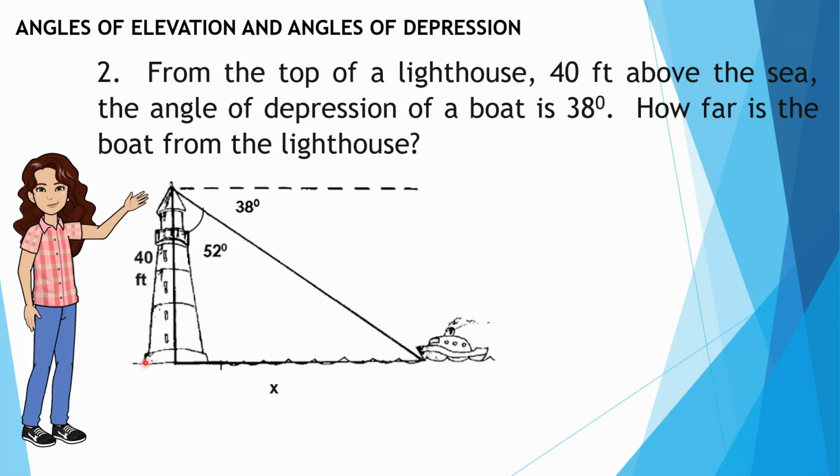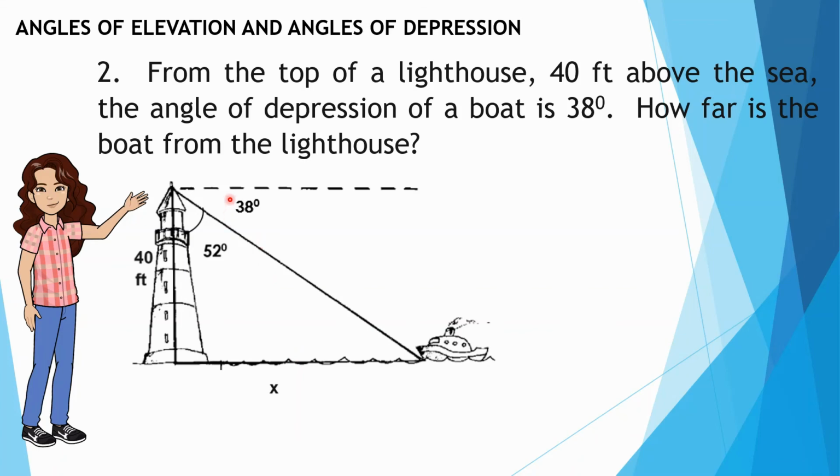This is the sea. The angle of depression, so this is the line of sight, is 38 degrees. How far is the boat from the lighthouse? This will be your x, the missing measure on this figure.